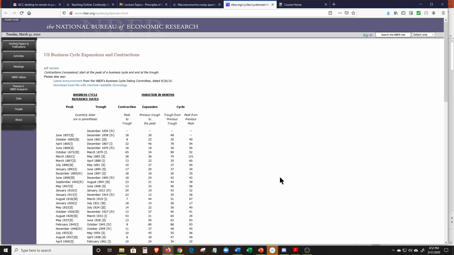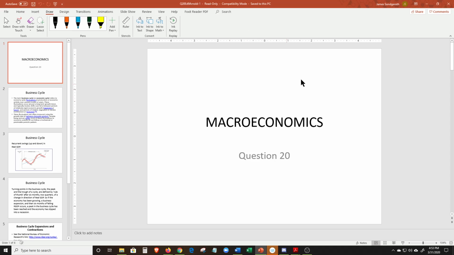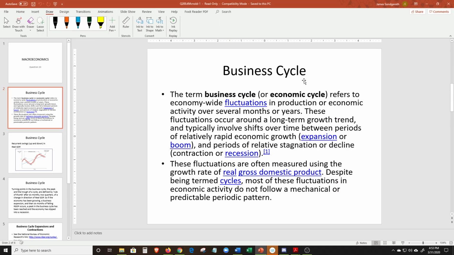All right, let's go back to our PowerPoint and open it up. And here we go. And I may want to draw on this. I think I will. Let's get to the first slide where it says the term business cycle or economic cycle refers to economy-wide fluctuations in production or economic activity over several months or years.